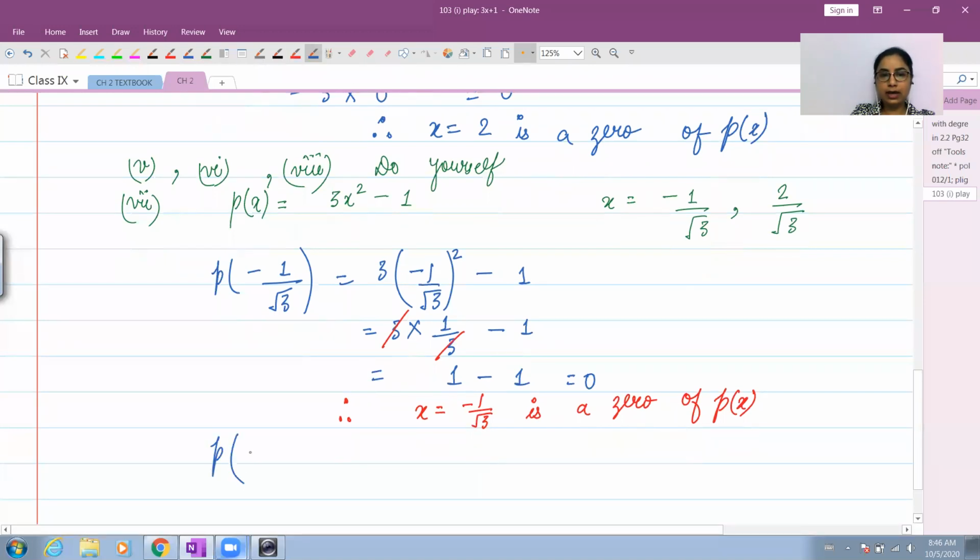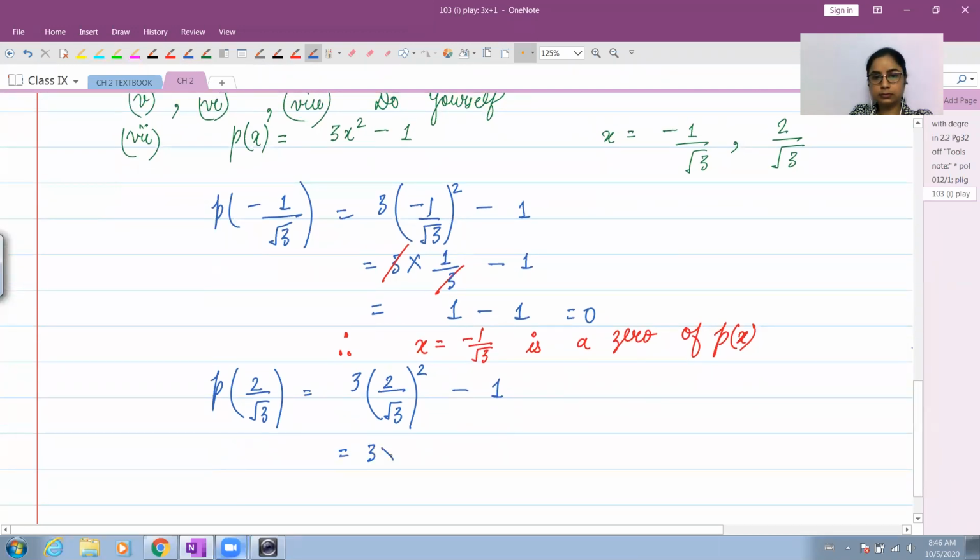And then using the second value, this particular answer is not equal to 0.